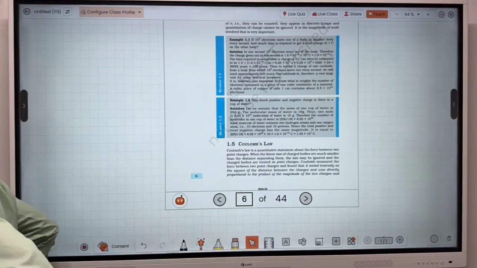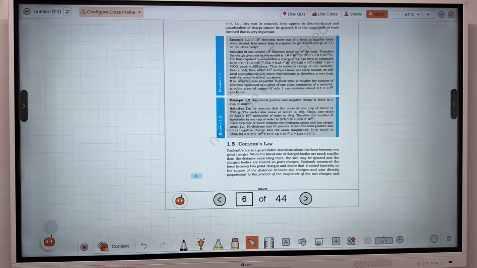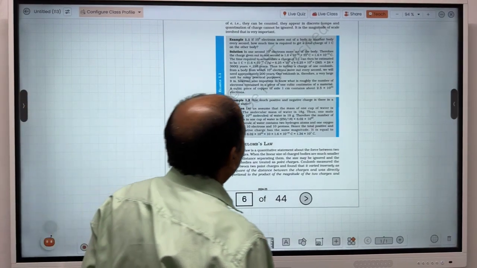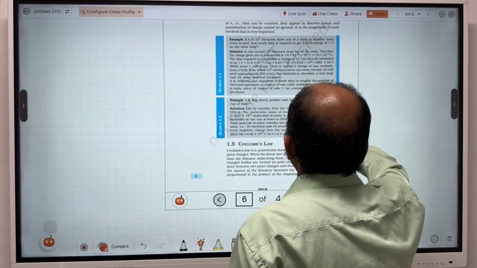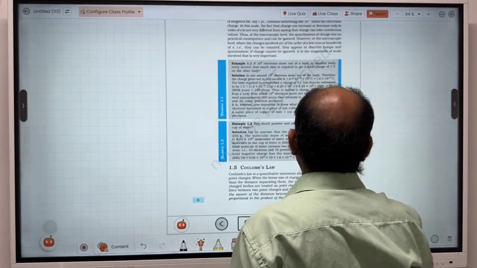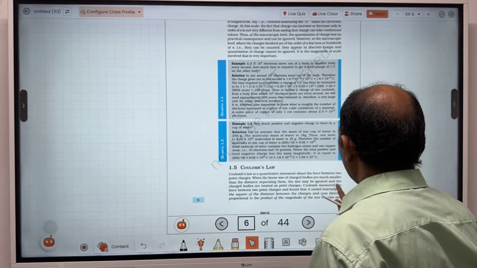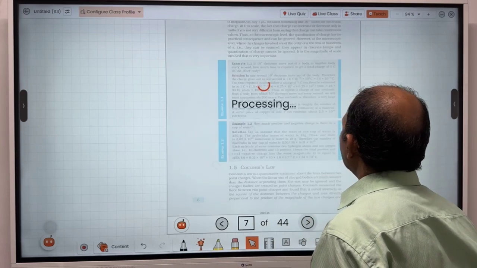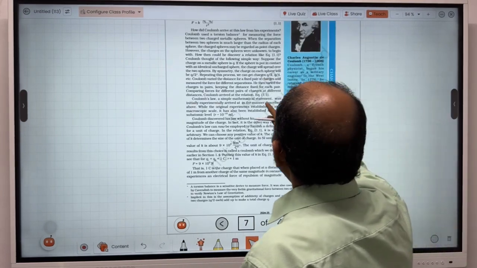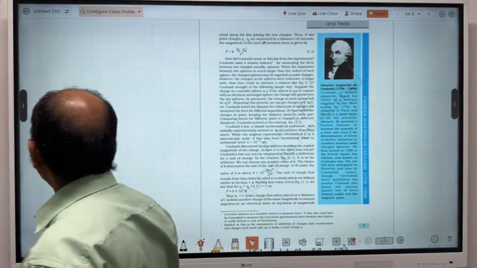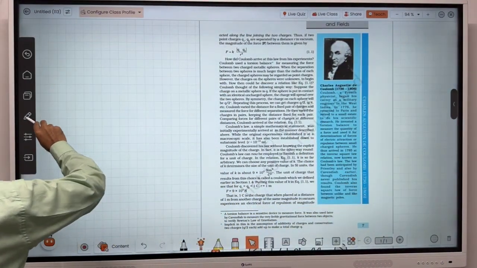Now we are going to study Coulomb's law. What is Coulomb's law? Coulomb's law is applied to find the force between two charges, whether they are like or unlike. So only the nature will change, but the strength of force will remain the same. So let's write the law, and based on that law we will do some calculations.